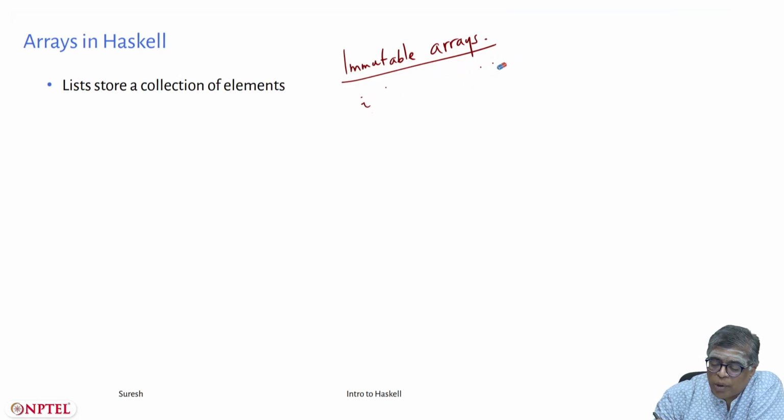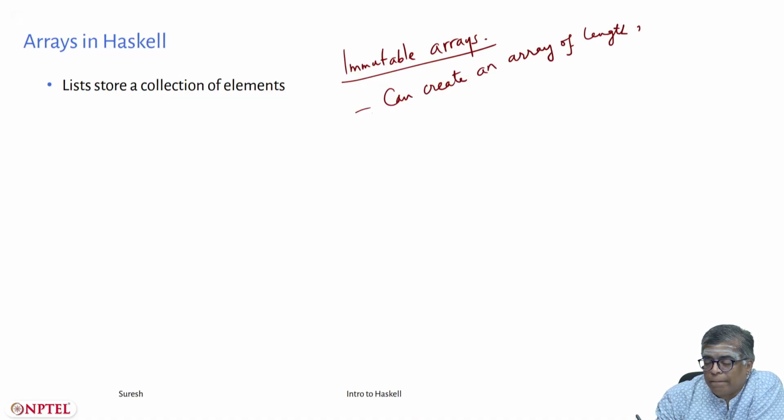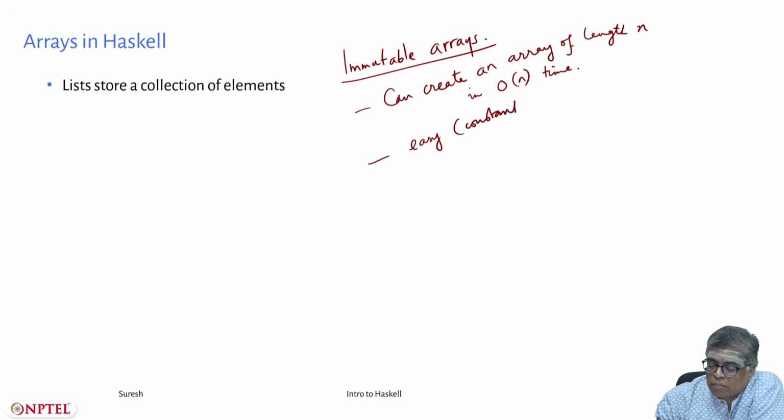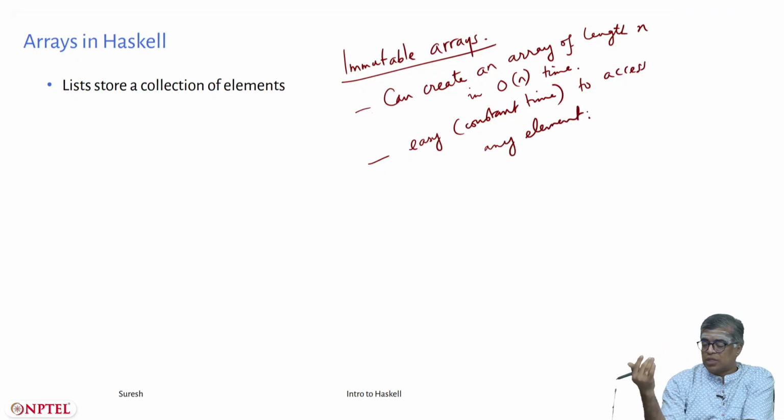So what are the properties? Let's just lay down some properties. You can create an array of length n. It is easy, which means that it is efficient.